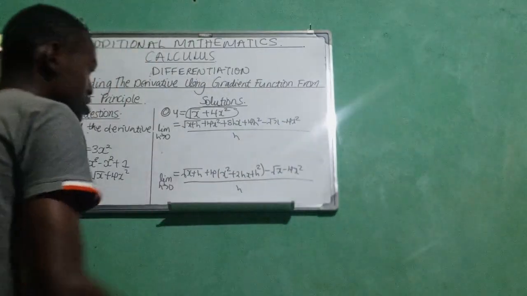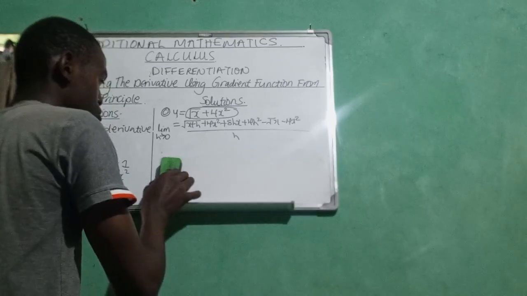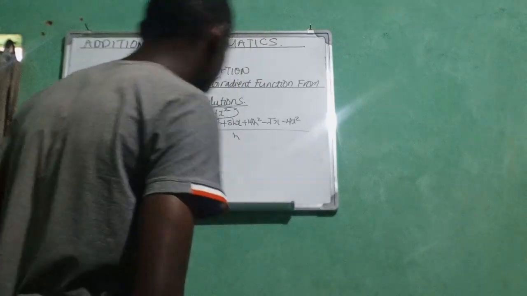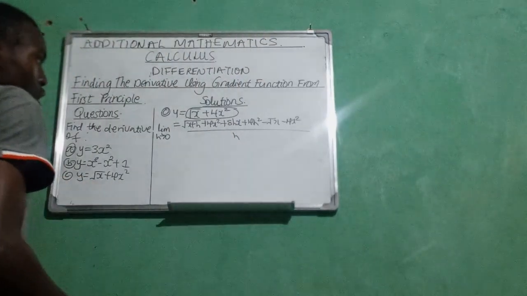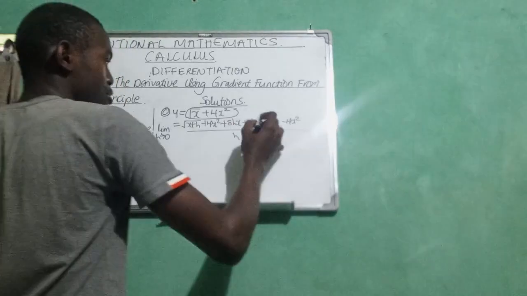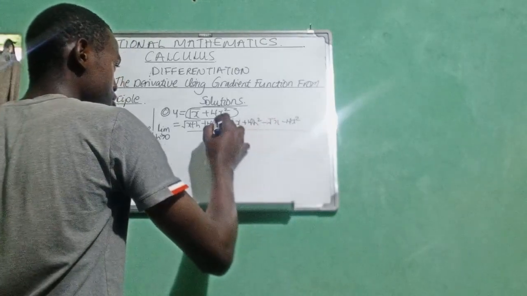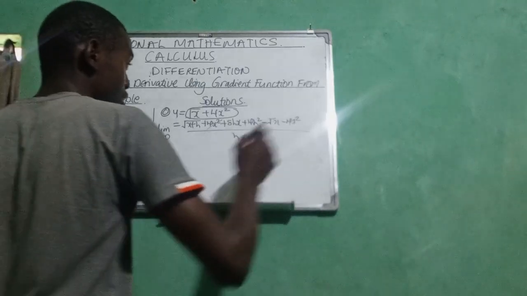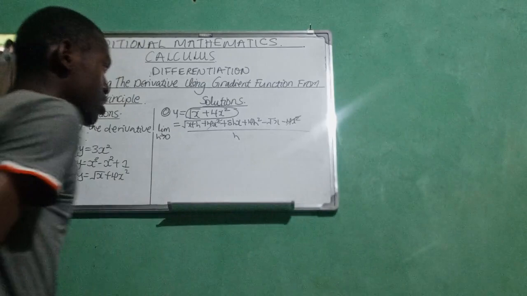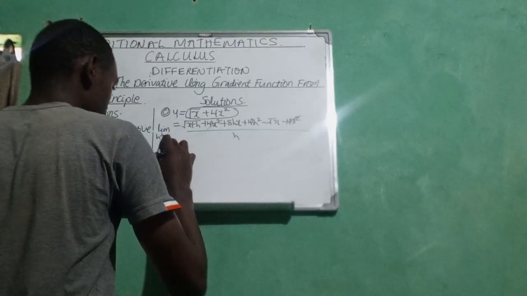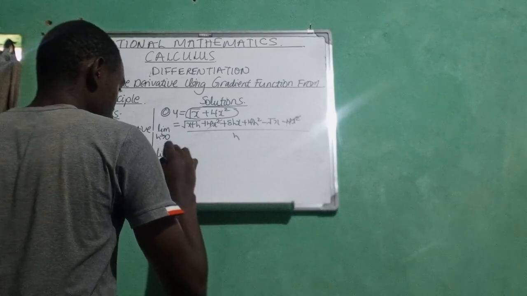Upon reaching this stage, we are going to simplify. We cancel the like terms, the ones that have opposite signs: this 4x squared and this negative 4x squared.